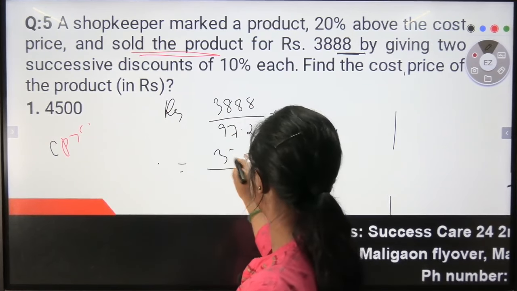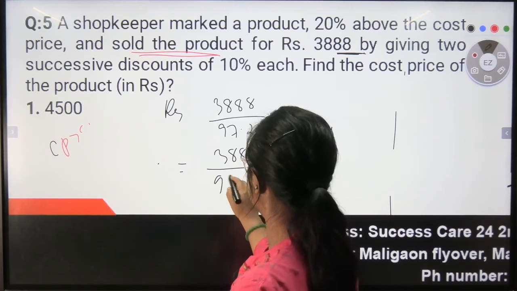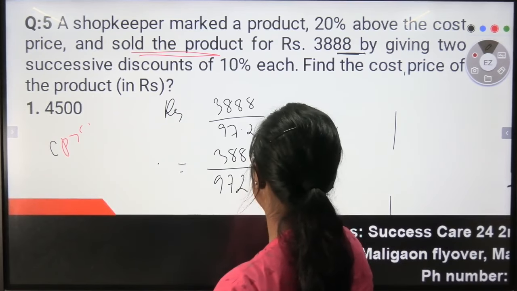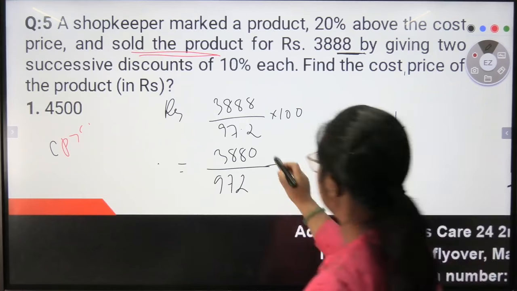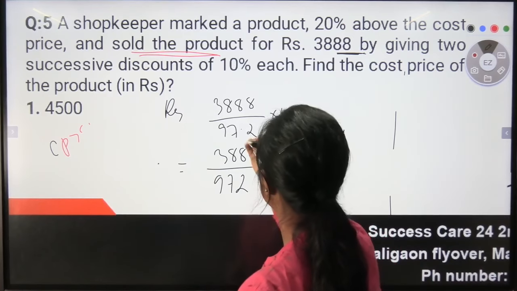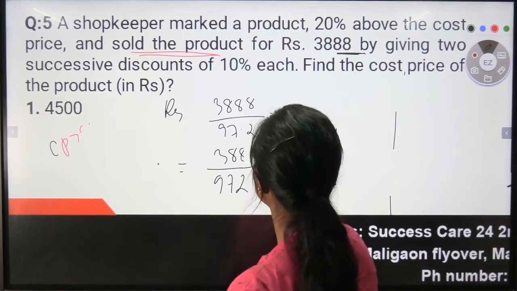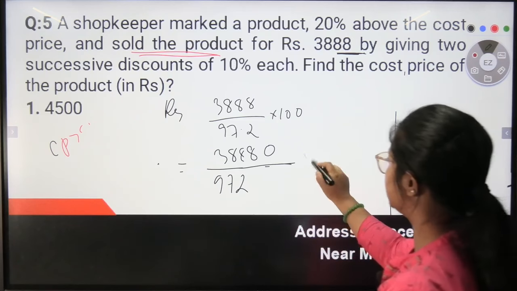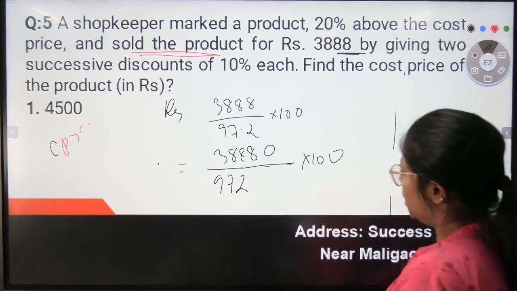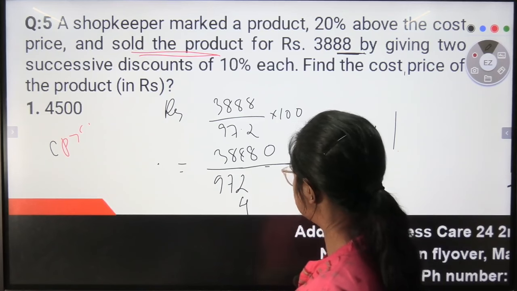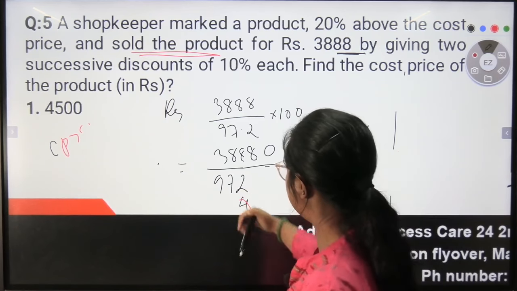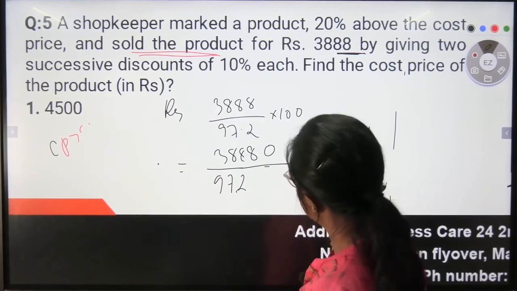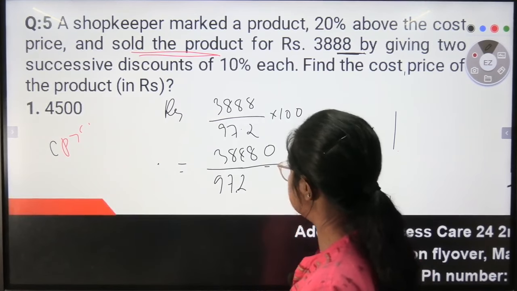This was the basic setup. Now you just have to calculate; how you calculate is up to you. 3880 by 972, if I remove the point, into 100. 4 into 2 is 8, 7 4s are 28, 8 2 remaining, and 9 4s are 36.